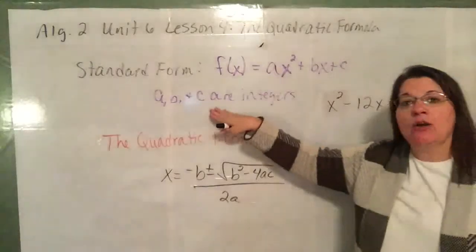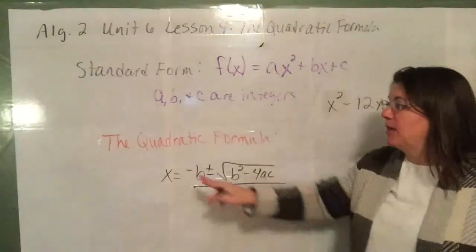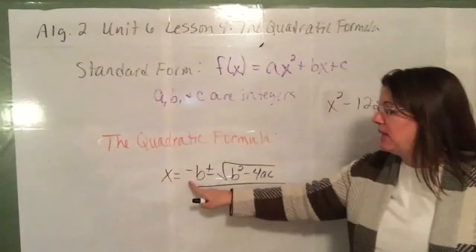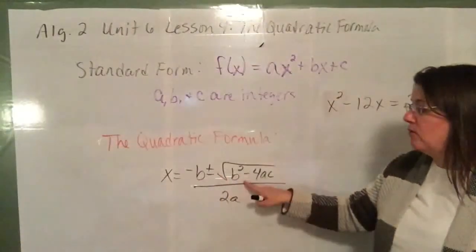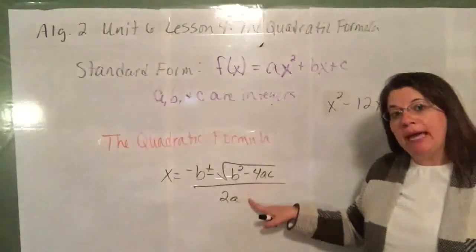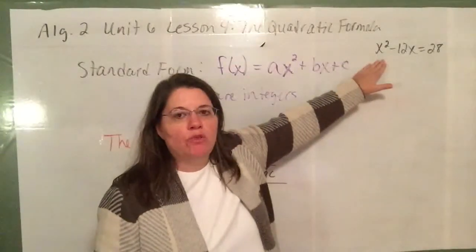A, b, and c are going to be integers here. So it's basically just a formula that we plug into. The quadratic formula is x equals negative b plus or minus the square root of b squared minus 4ac, all over 2a. So for my first example here, I've got x squared minus 12x equals 28.